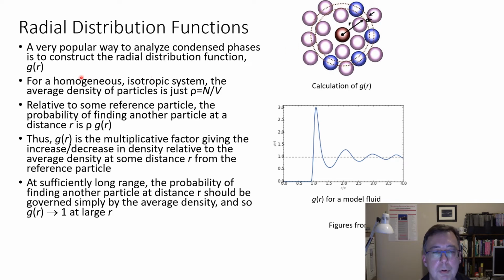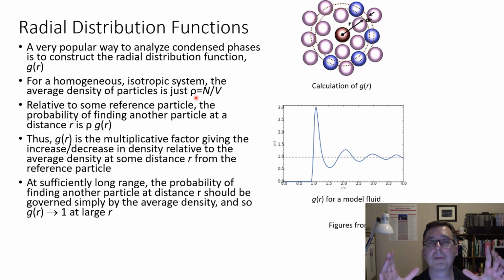Now, if I had a perfectly homogeneous system that was spread out smoothly in space in all directions, and if it's isotropic, meaning it's the same in x, y, and z directions, then I would expect that it's got to be roughly just the average density of the particles, because if it's all totally smooth, then I know the probability of finding a particular particle at any given point in space.